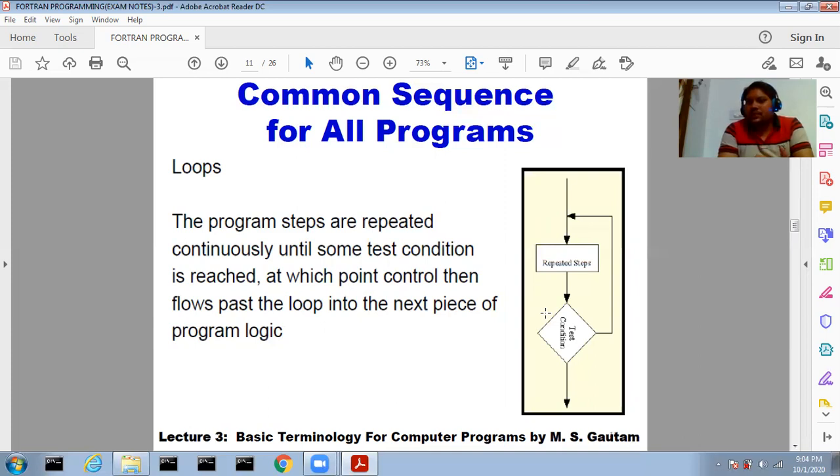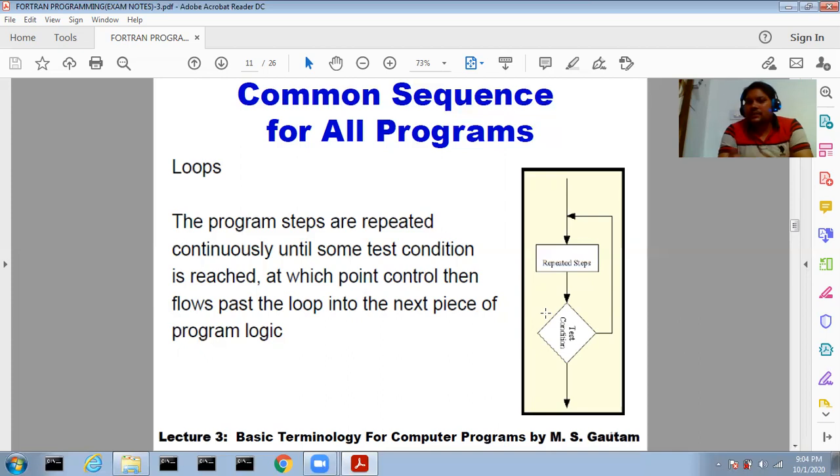If this condition is not satisfied, then the computer will repeat its previous sequence, and this sequence is repeated until the condition is met.